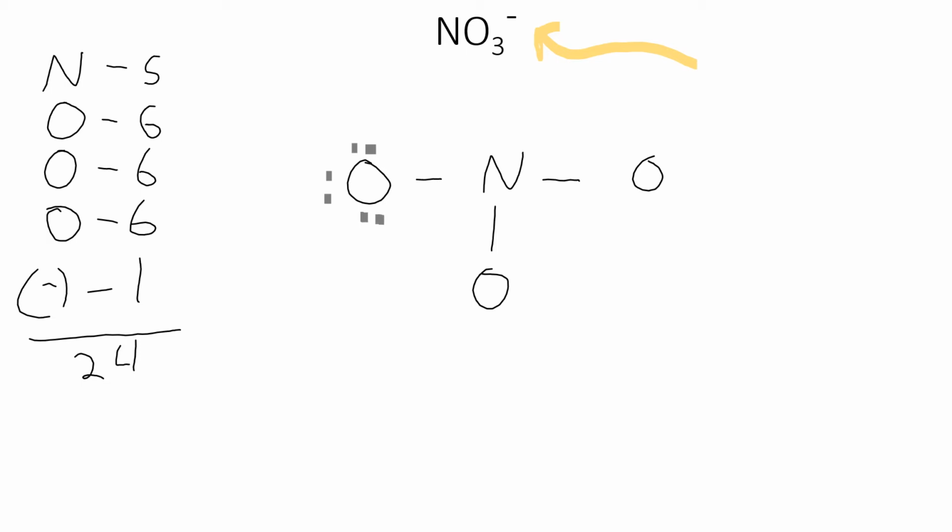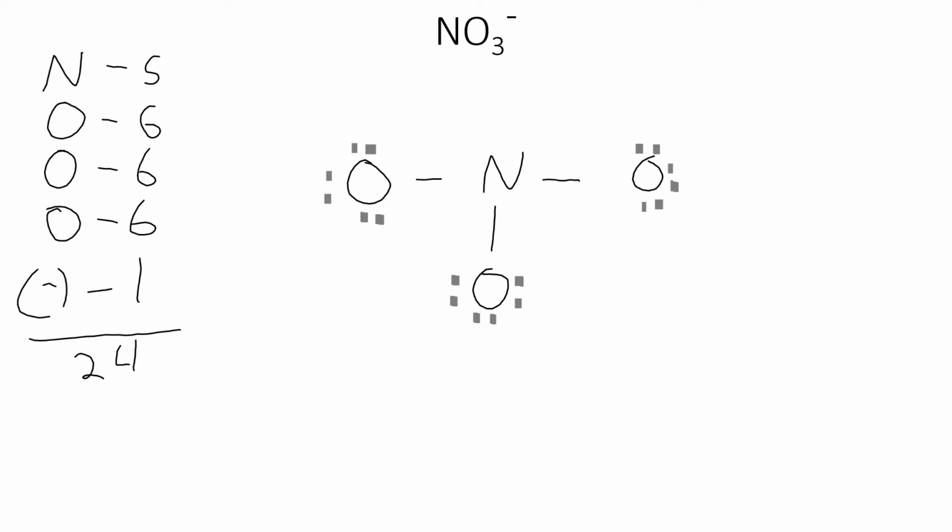On the left, 3 lone pairs. The bottom one will have 3 lone pairs as well. The one on the right will also have 3 lone pairs.